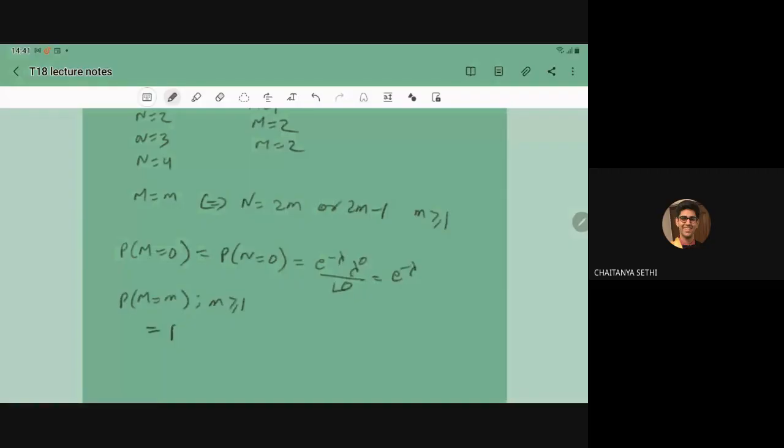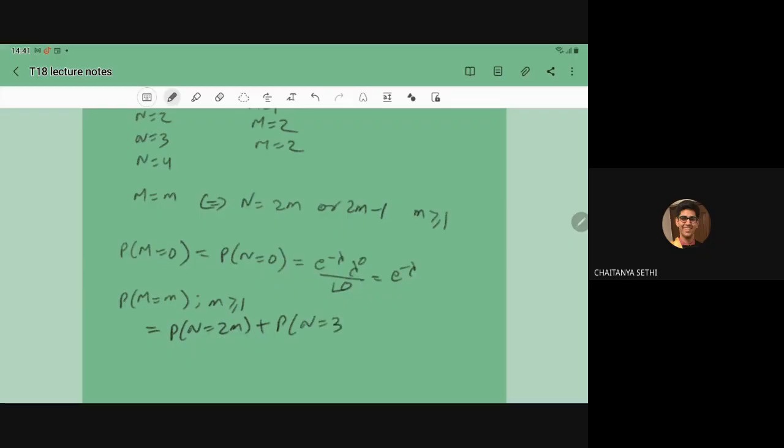Now, if you have to determine probability M is equal to m for m greater than or equal to 1, it is equal to probability N is equal to 2m plus probability N is equal to 2m minus 1.